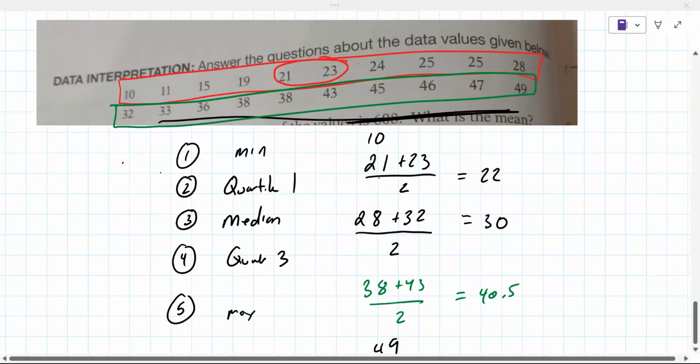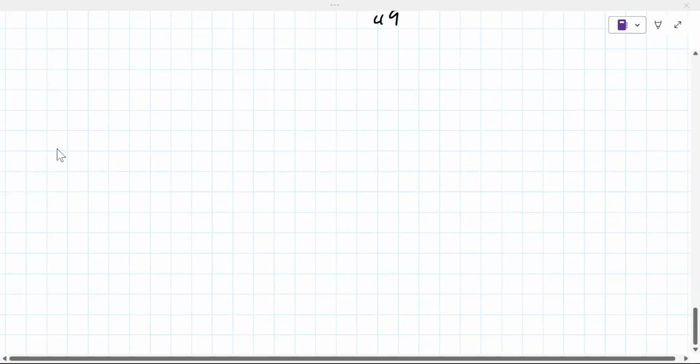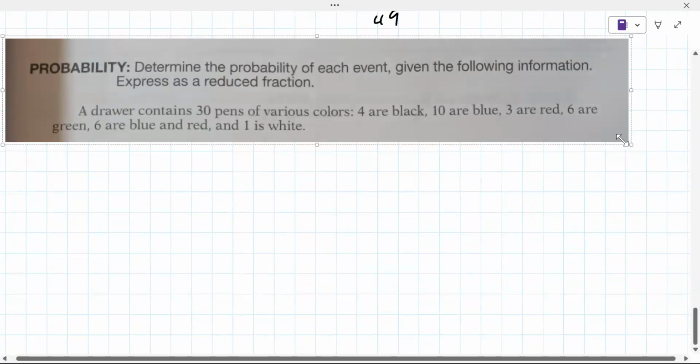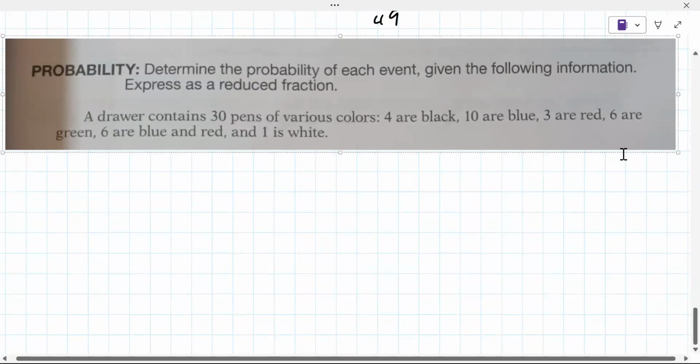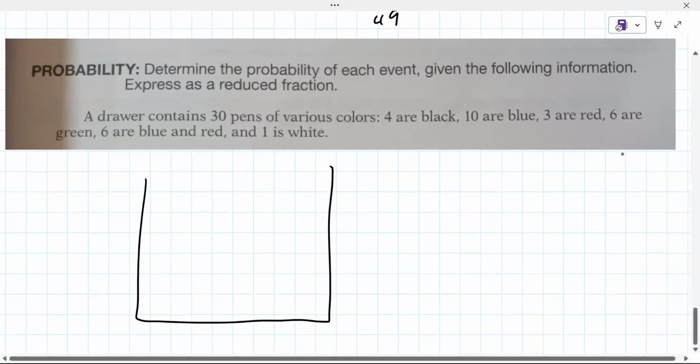All right, so let me set up this scenario. They tell you for years in math to draw a picture, draw a picture, and you're like, what do you mean? It would really help if you made a quick drawing of it. You don't have to draw the individual ones.